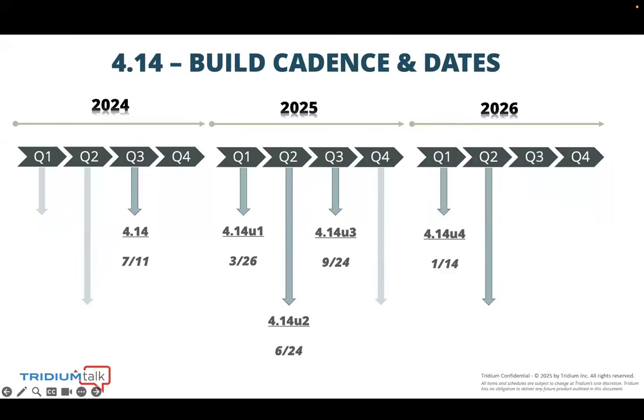Niagara 4.14 was released back in July of last year, and we just rolled out the latest update, Niagara 4.14 U2, last month. As part of our commitment to supporting the most recent non-long-term support release, Niagara 4.14 will continue to get security updates and bug fixes, but only until Niagara 5 comes out, which is currently targeted for Q2 of 2026.